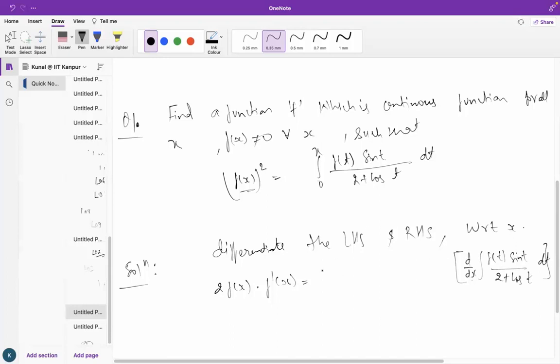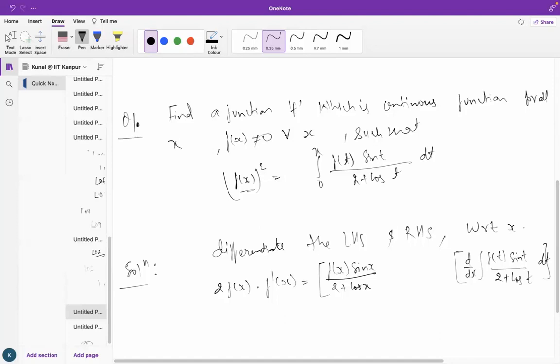So let me apply it here: put the upper limit, and we get f(x) sin x divided by 2 plus cos x. I hope you all understand what I'm trying to say.